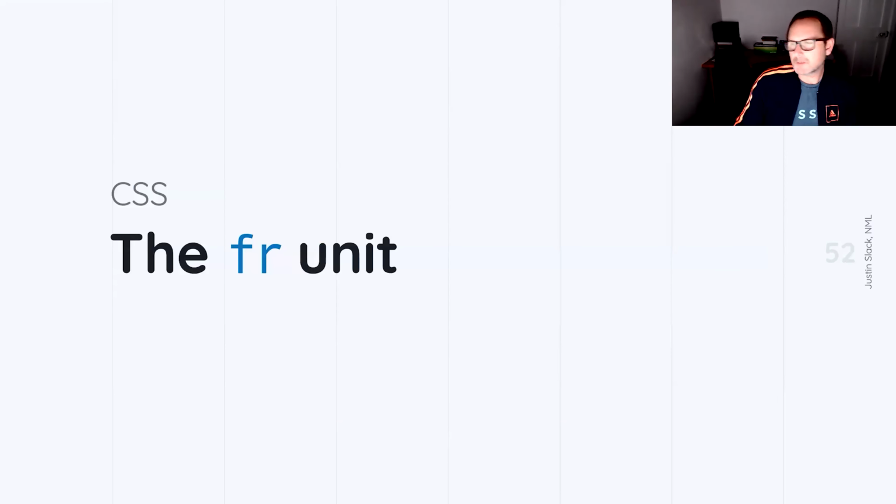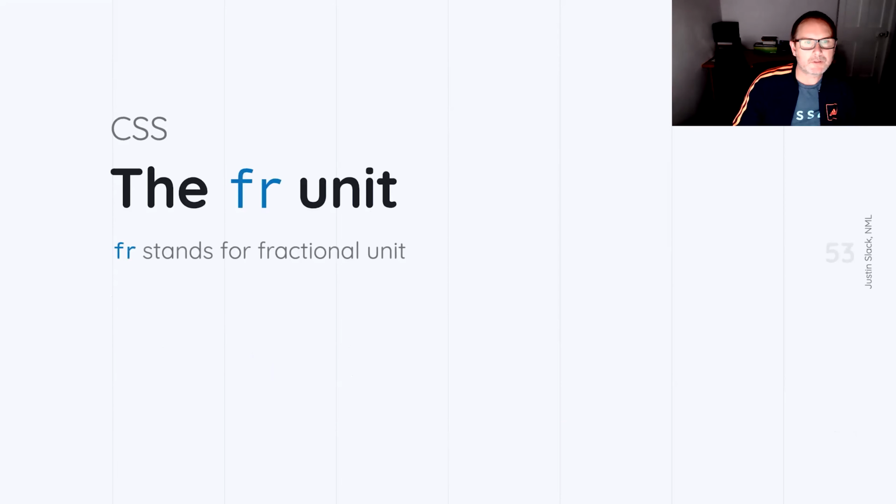Okay, the other important thing about grid is what we call the FR unit, and this is called the fractional unit, and it's a flexible unit in the same way that VW, VH, and EM and REM are. It only works with grid. We can't use it anywhere else.